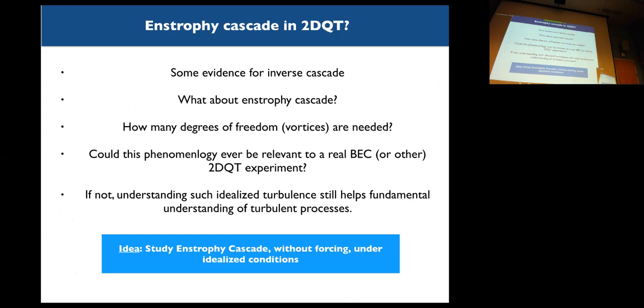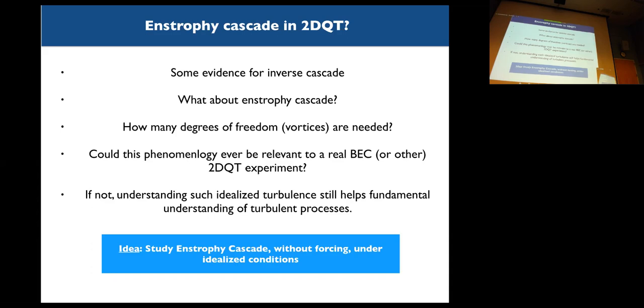So there seems to be a bit of evidence for this inverse energy cascade in 2D quantum fluids, but perhaps it could be clearer. But basically, nobody seems to have looked at this enstrophy cascade at all. And so I thought it would just be interesting to see if this phenomenon could emerge in quantum systems.